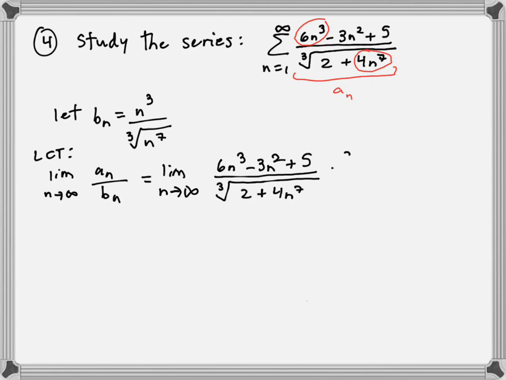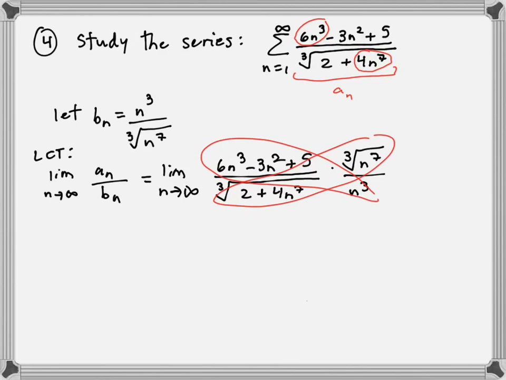And then bn is this, right? I divided, so I multiplied by the reciprocal. But here's the trick. The trick is, if you notice, these two are compatible with each other, right? Because they've both got cube roots and stuff. So what I'm going to actually do is rewrite my limit this way.